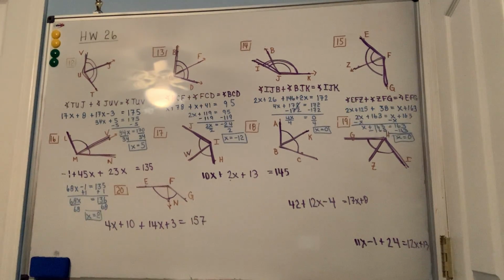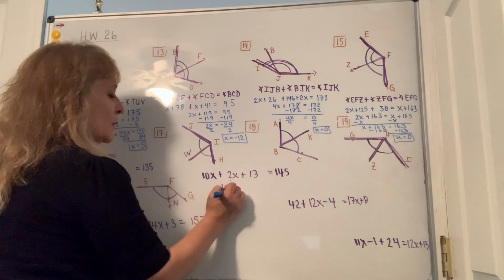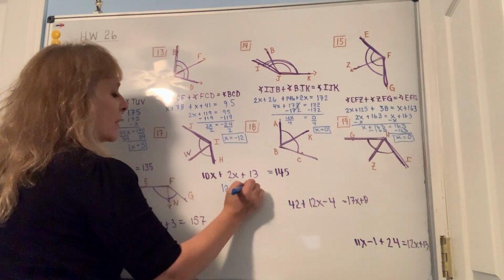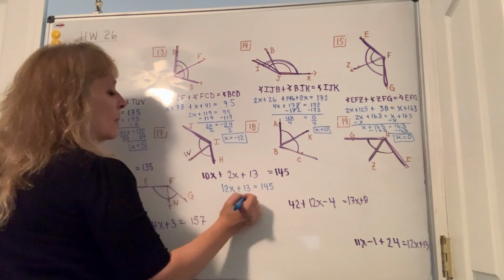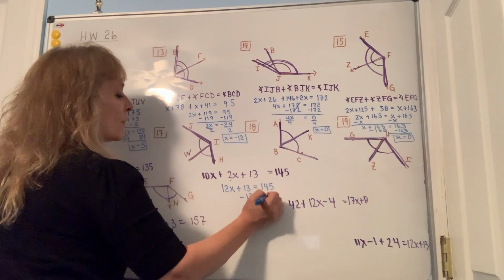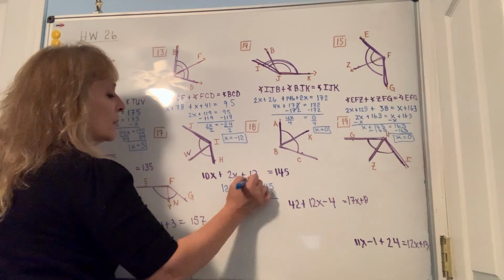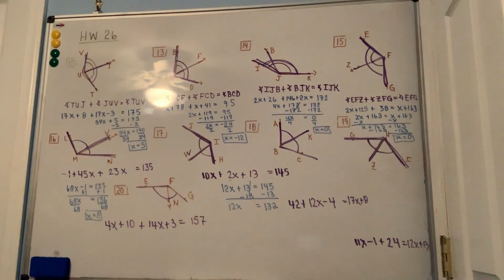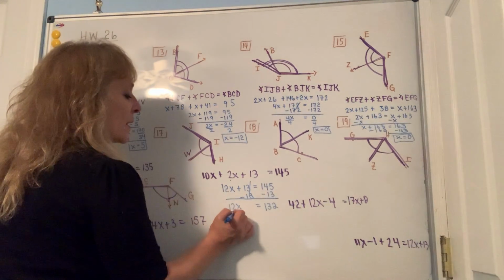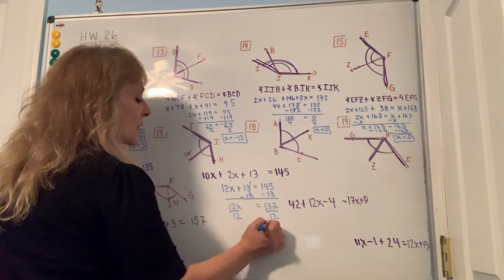And that takes care of 16. Number 17, the left-hand side has two x terms. When I add them, it is 12x, and then there's that plus 13, equals 145. But then when you subtract 13 from each side, you're going to get 12x equals 132. But rest assured that when you divide both sides by the number 12, you will end up with 11 for an answer.